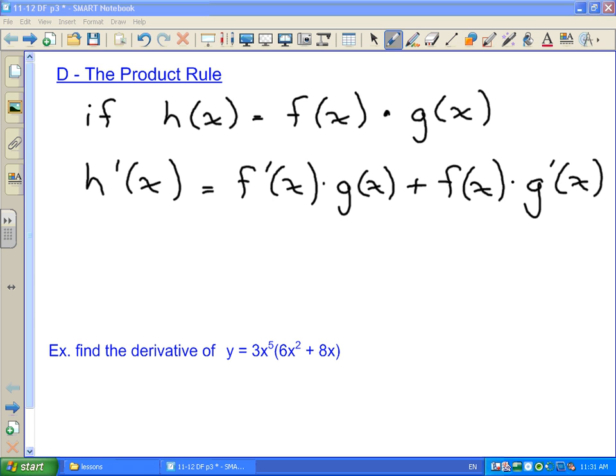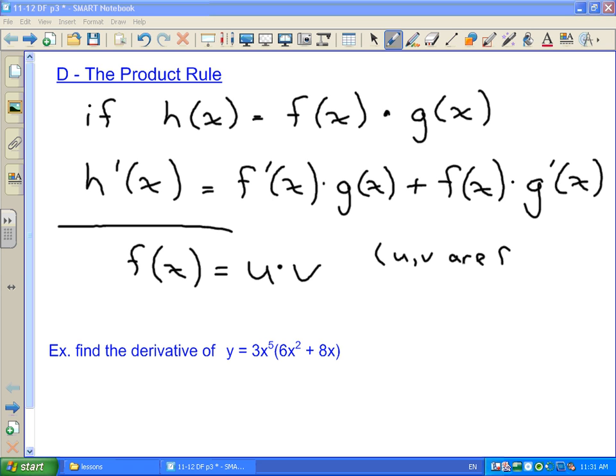Okay. The notation that I will use as I'm going through questions is a little bit more compact. I'll say we have some function f at x, and I'll just draw a line here to show you that this f at x isn't the same as that f at x. I'm going to say f at x is made up of two functions, u and v, where u and v are functions of x.